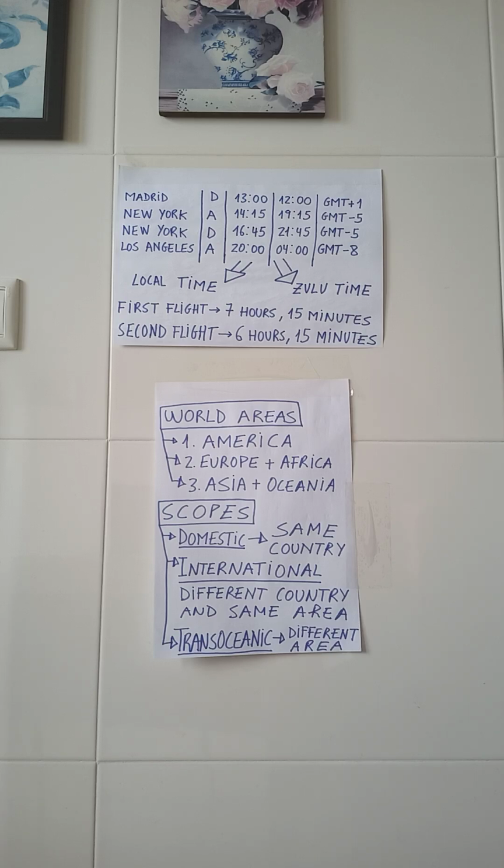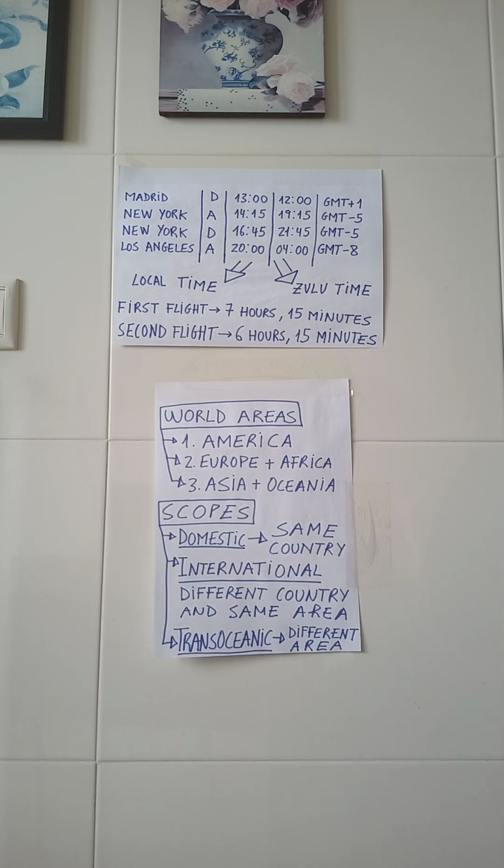Each area determines its own conditions and rates. We also have 3 areas of influence, 3 scopes, 1, 2, and 3. Domestic: this is where flights that do not leave the country where the trip begins come in.